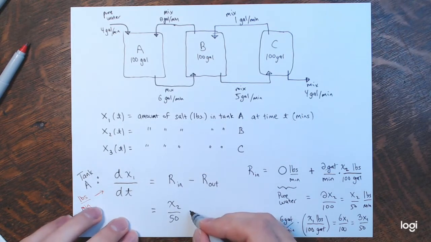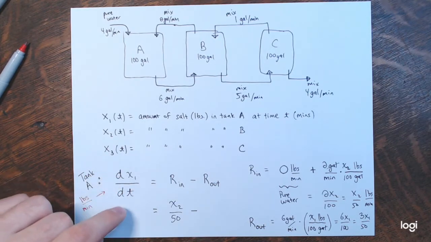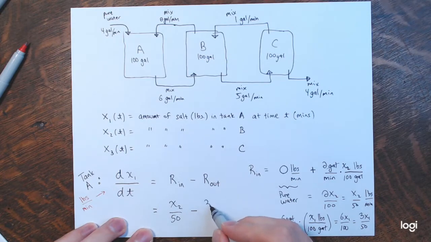So the first equation in my system is dx1/dt equals x2 over 50 minus 3x1 over 50.